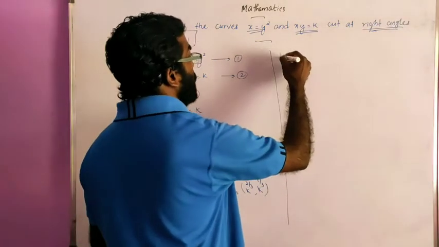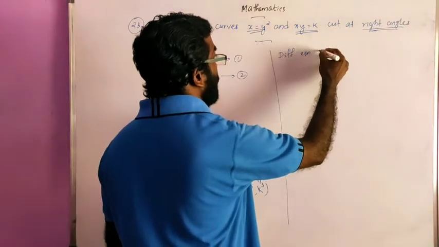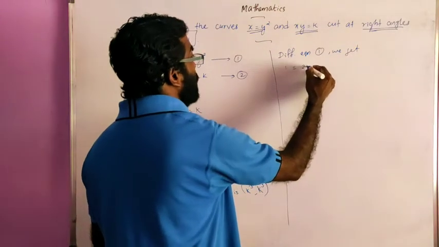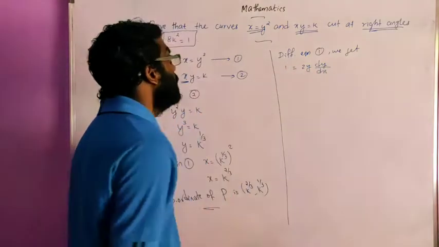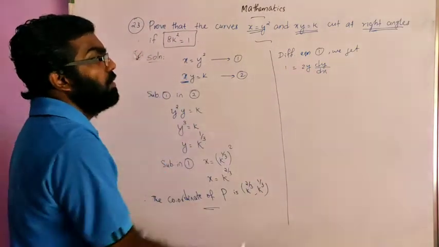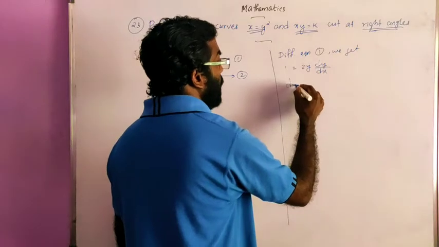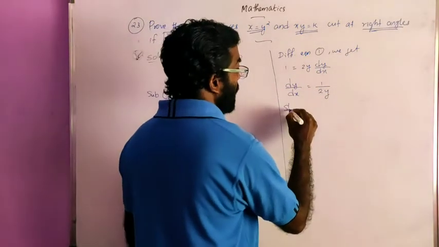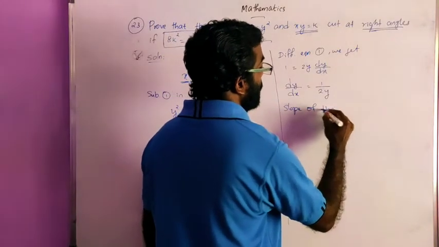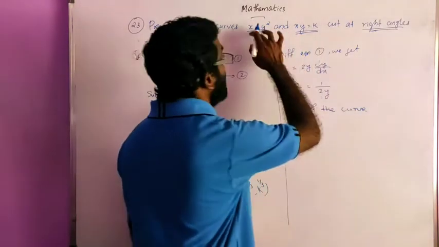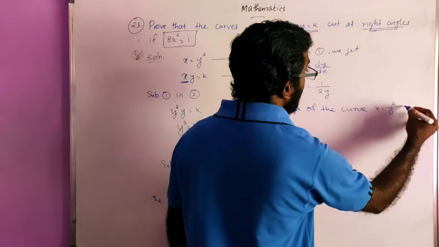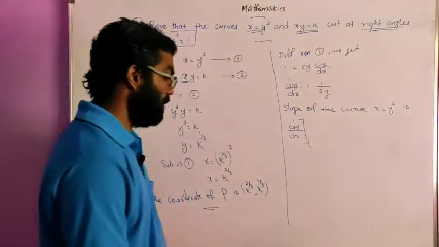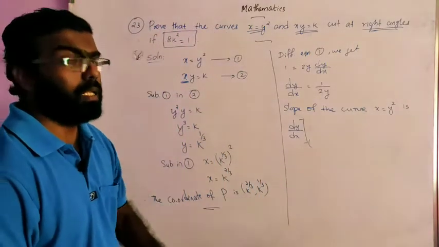Okay. So differentiating equation 1, we get 1 is equal to 2y into dy by dx. X derivative is 1, y square derivative is 2y into dy by dx, or dy by dx is equal to 1 by 2y, and the slope of the curve x equal to y square is dy by dx at the point k raised to 2 by 3, k raised to 1 by 3.